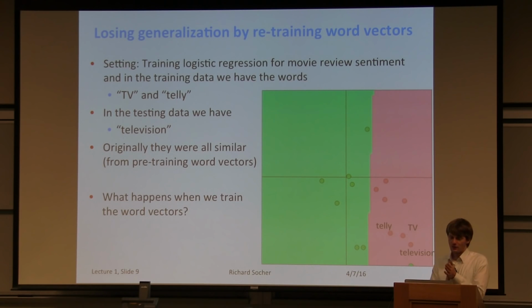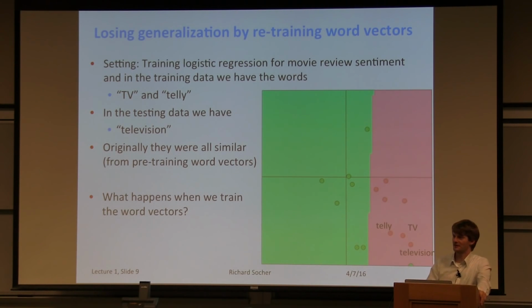All right, now overfitting is one of the many problems with this, and here I'll show you an example of the very simple word vector example of what this could look like. Let's assume we're trying to train a simple logistic regression classifier on movie review sentiment. And in the training data, we have the words TV and telly.